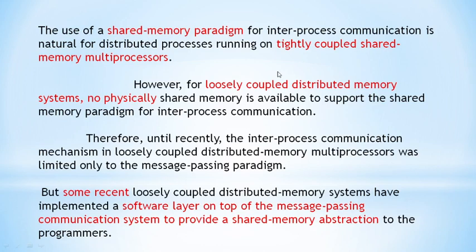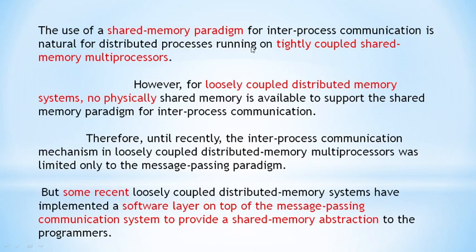So the use of the shared memory paradigm for inter-process communication is natural. We have already discussed that the message passing approach is the most suitable for distributed systems. But here we have discussed that there are two types of computer architectures: loosely coupled systems and tightly coupled systems.